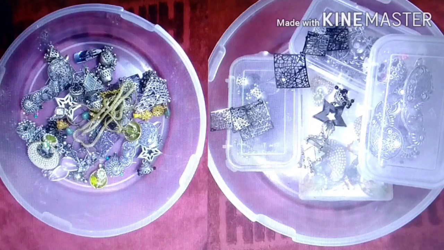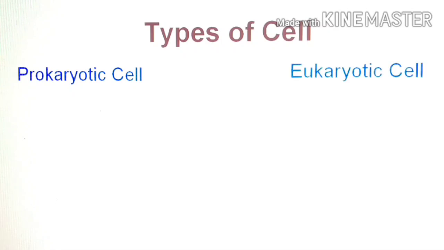Now please move forward to the topic, that is the types of cells. So my dear friends, as I already told you, the cells are of two types on the basis of the nucleus: the prokaryotic cell and eukaryotic cell.